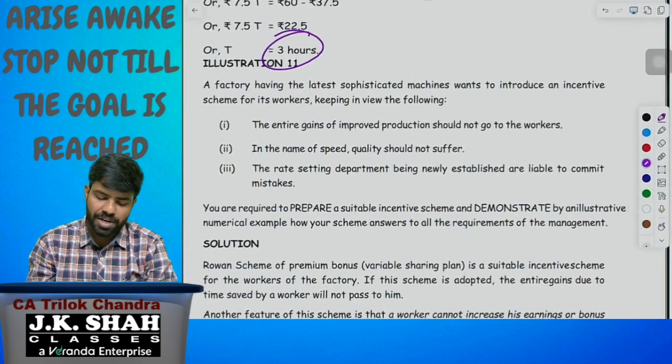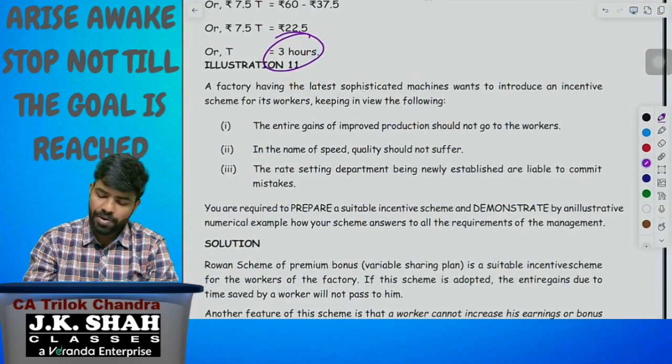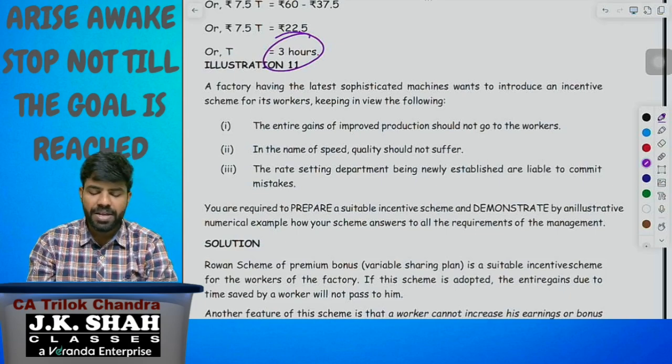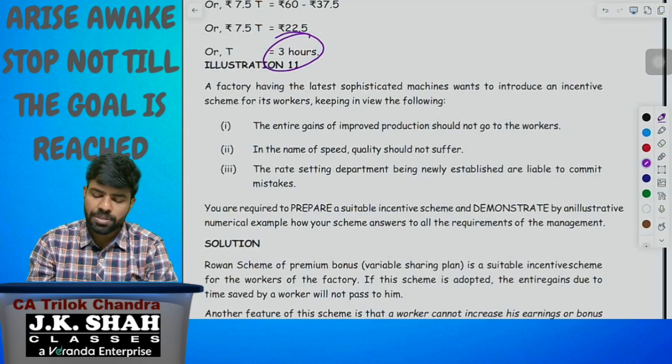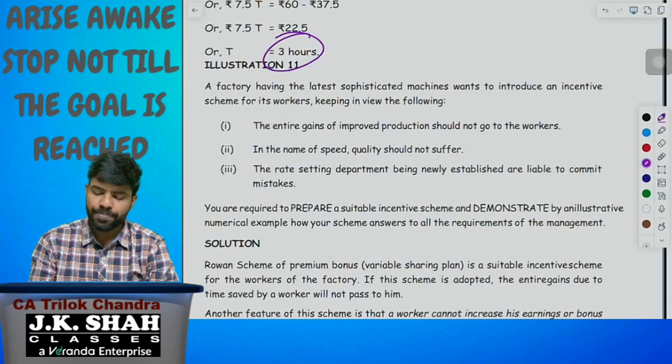This question is somewhat application-oriented. Now let us read the question. A factory having the latest sophisticated machines wants to introduce an incentive scheme for its workers, keeping in view the following. The entire gains of improved production should not go to the workers.